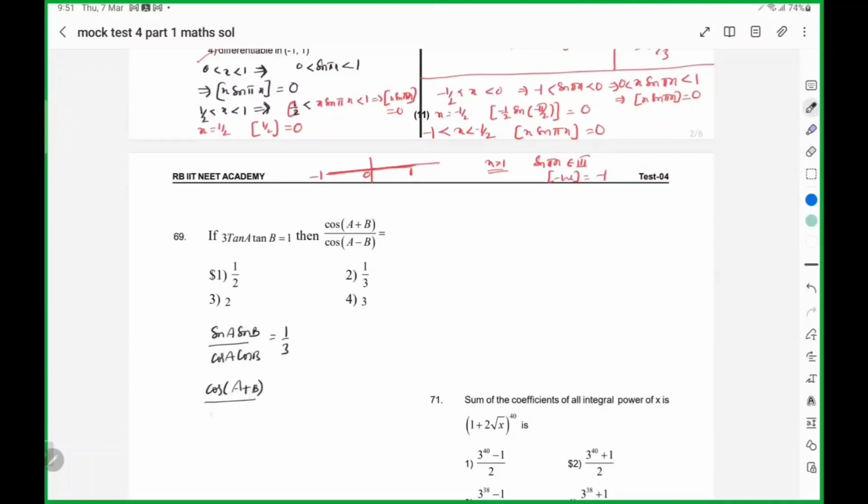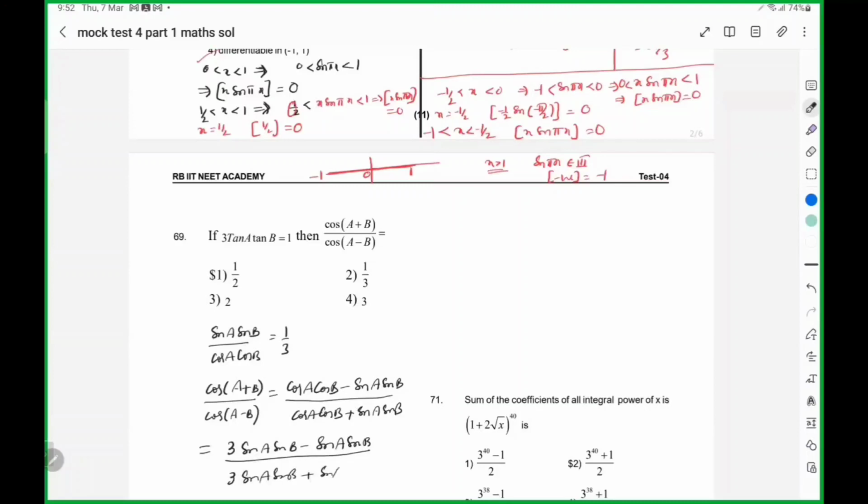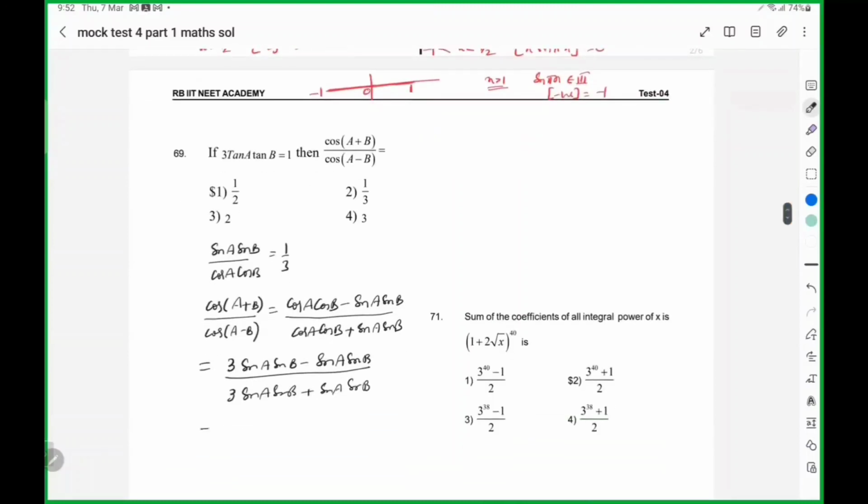Cos of A plus B by cos of A minus B will be cos A cos B minus sin A sin B by cos A cos B plus sin A sin B. Cos A cos B is 3 sin A sin B, minus sin A sin B by cos A cos B is 3 sin A sin B plus sin A sin B. So we get here 2 sin A sin B by 4 sin A sin B.